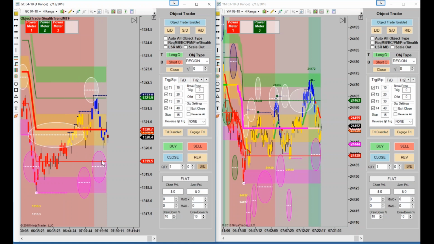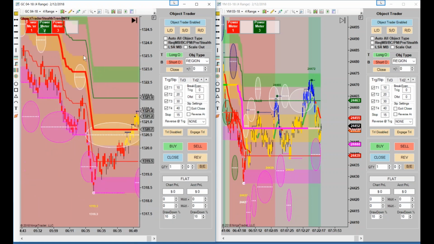If this does happen to change and go a different direction, you'll look for a different color predictor. Does everybody know what I'm talking about when I say that you need to stay with the particular trend with predictor? In other words, you're really looking for white predictors to be shorts and green predictors to be the longs. If you look back on here, for instance, let me back this up.